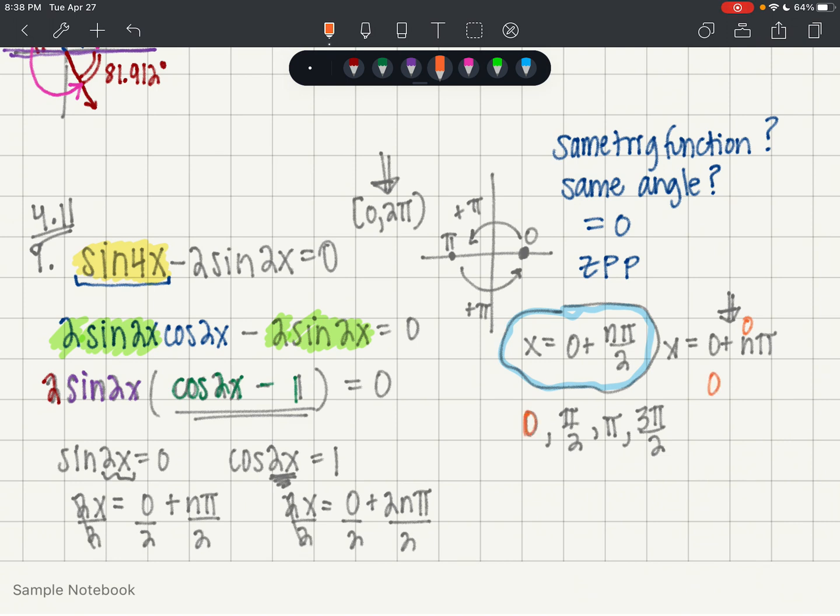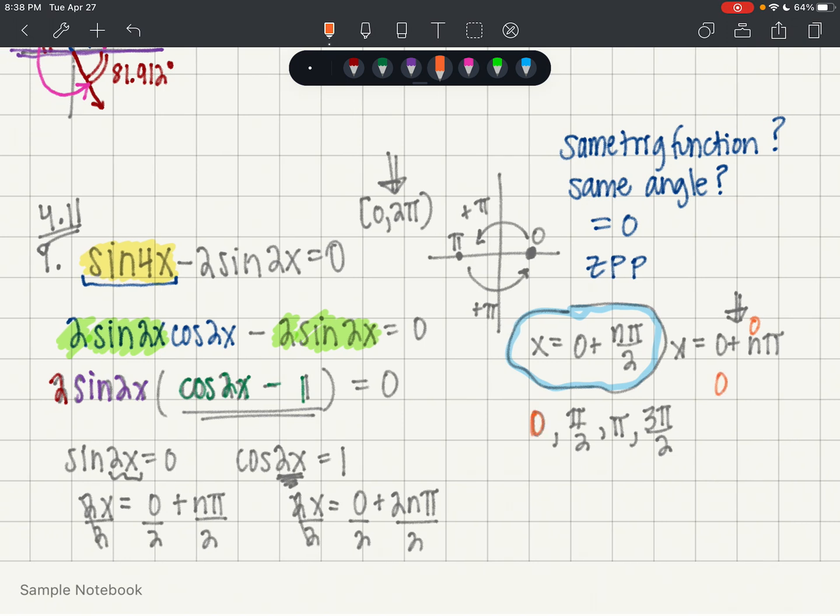That's right there. If I put a 1 in for n, that's pi. And look at that. That's right there. And if I put a 2 in for n, that's 2 pi. But 2 pi is outside the interval because 2 pi is not included. So all of my answers from this equation are already included.